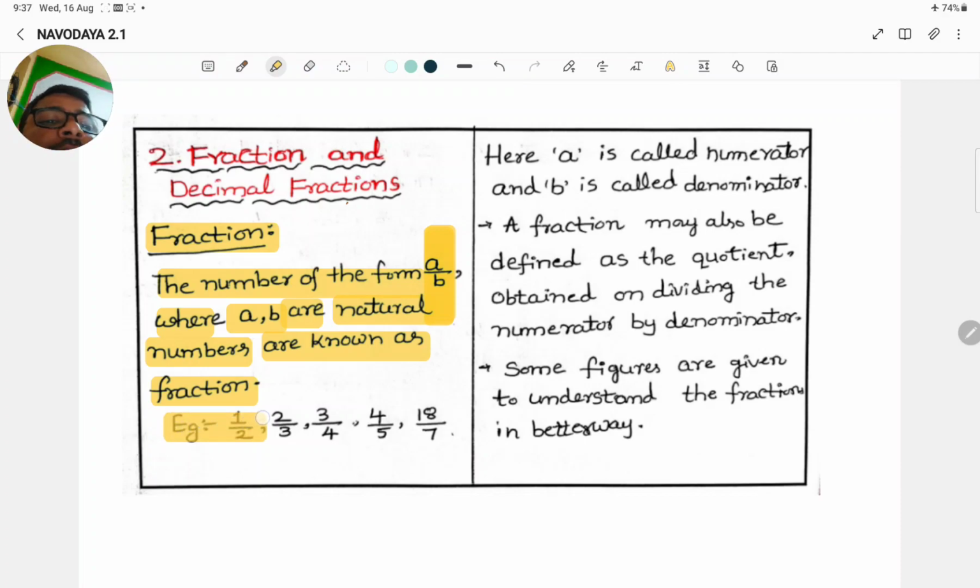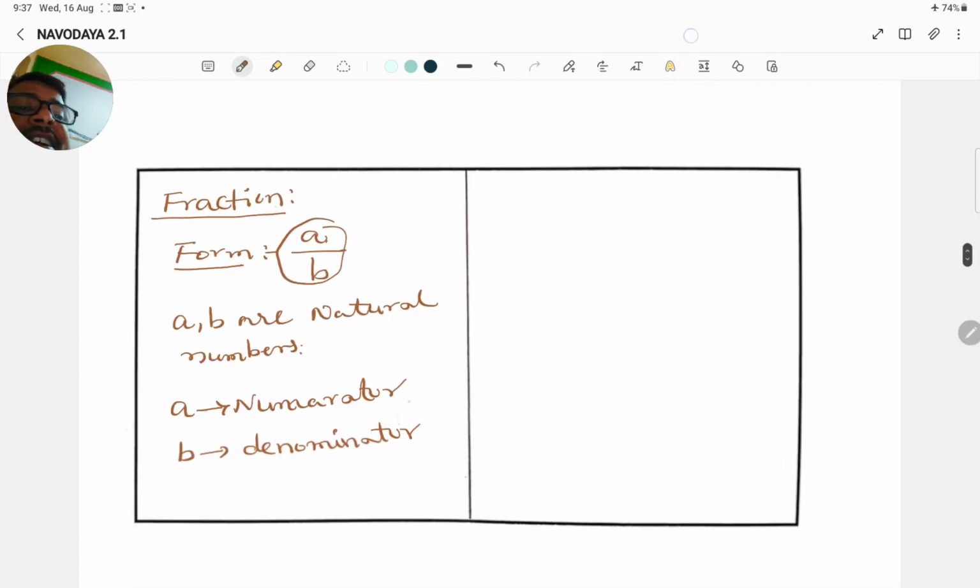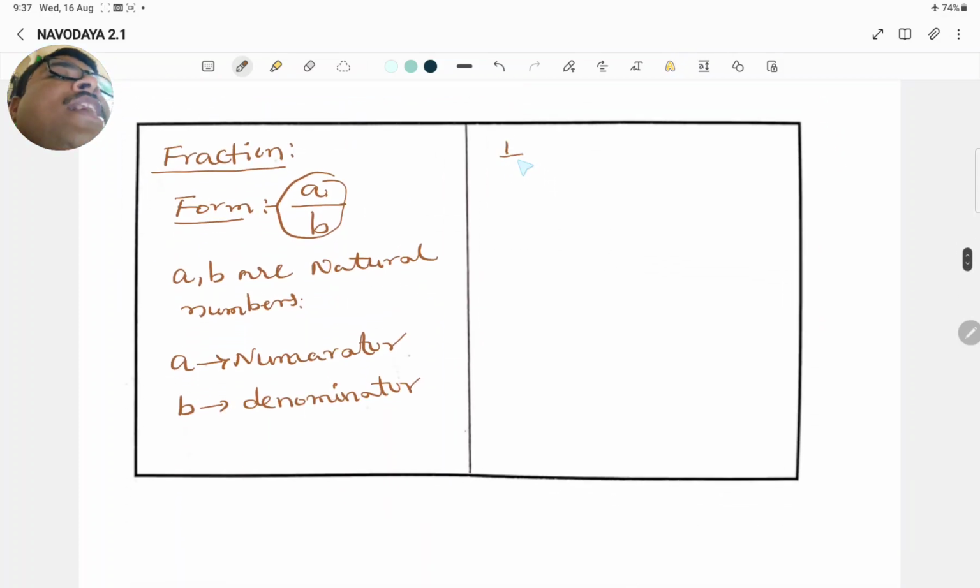See here, examples of fractions: 1 divided by 2, 2 divided by 3, 3 divided by 4, 4 divided by 5, 18 divided by 7. These are all examples of fractions. For example, in 1 divided by 2, 1 is the numerator and 2 is the denominator.